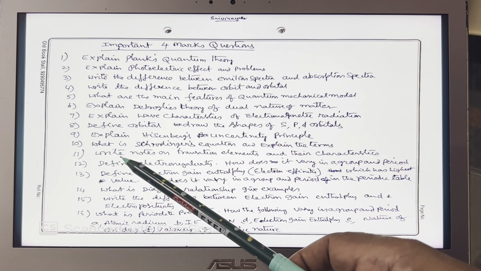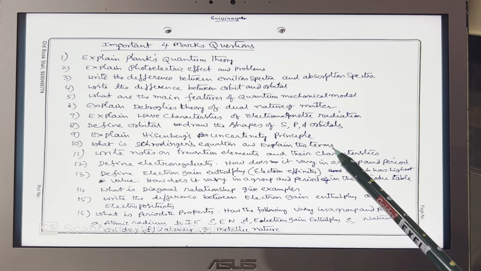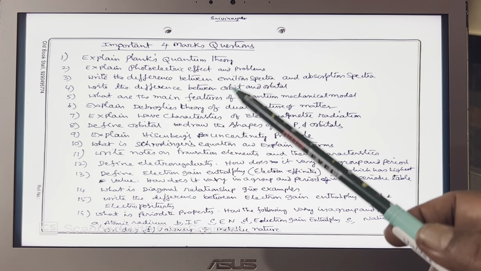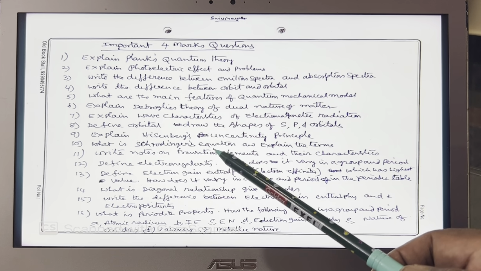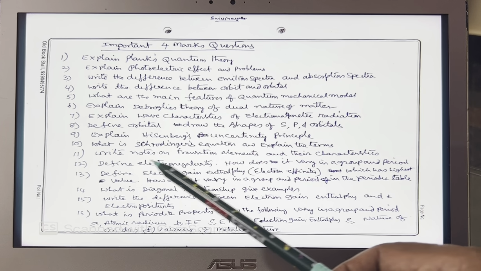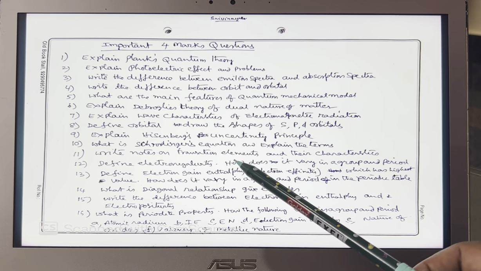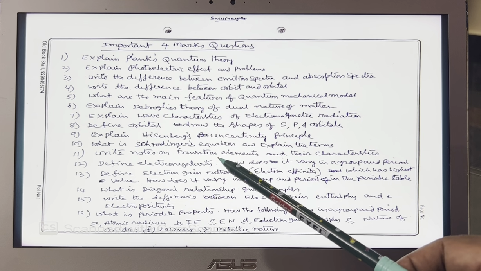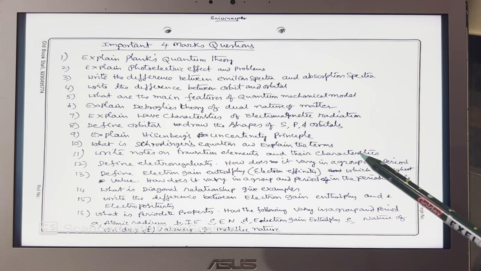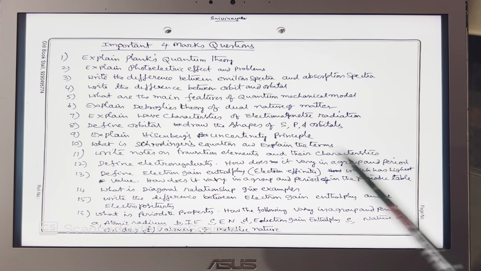Next one, write Schrodinger's equation, explain the terms, this also comes under Planck's quantum theory. Write notes on transition elements, this is periodic table. Transition elements, you have to write some points on transition elements and their properties. D block elements properties you have to write.